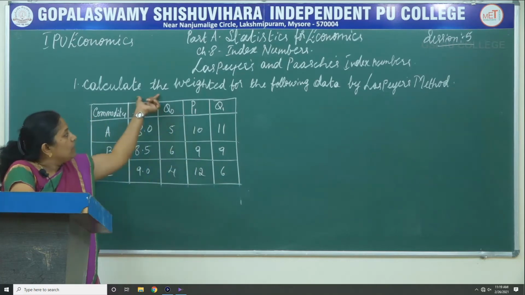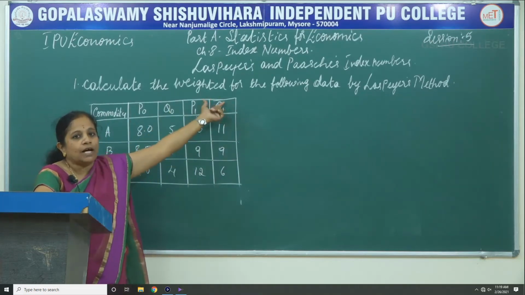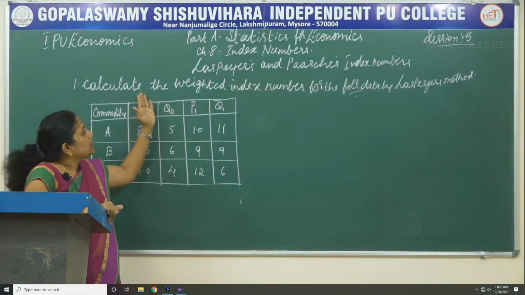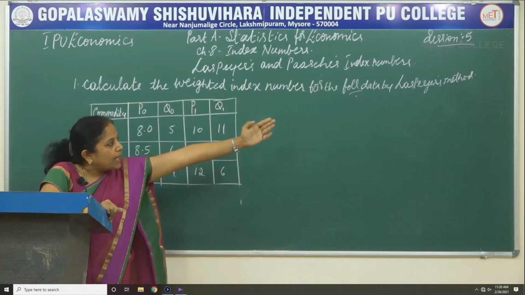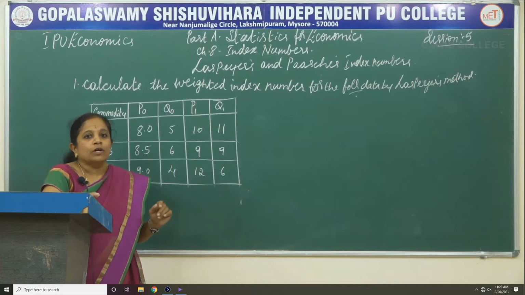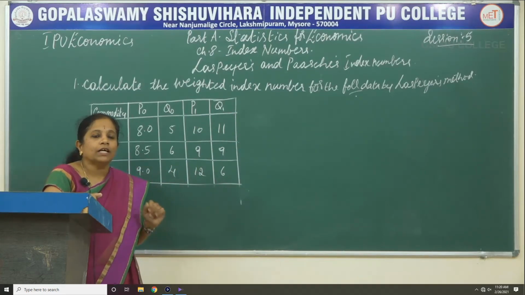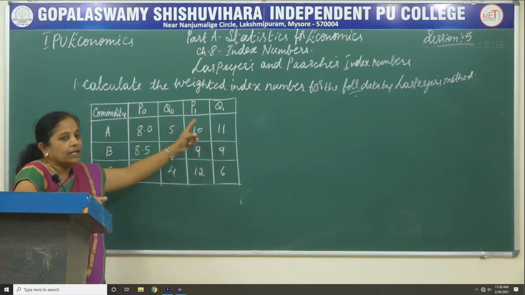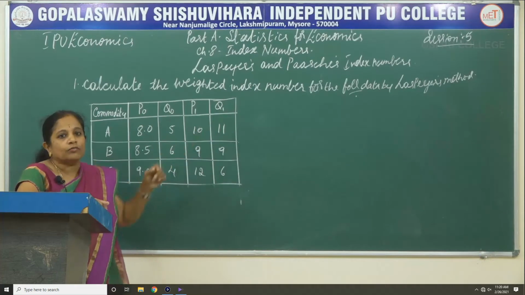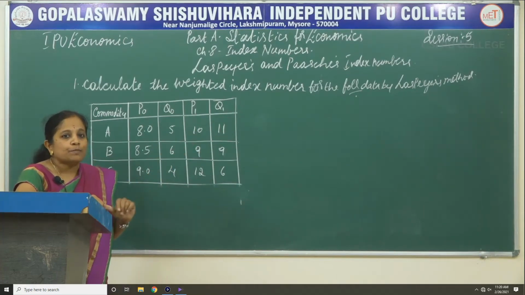So the problem will be like this. The question will be asked like this: calculate the weighted index number for the following data by Laspeyres method. So in the question itself, they will clearly mention under which method you have to find the answer. So the data are given here for finding the index number under the Laspeyres method.